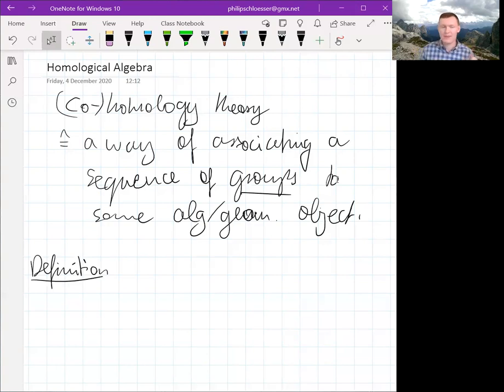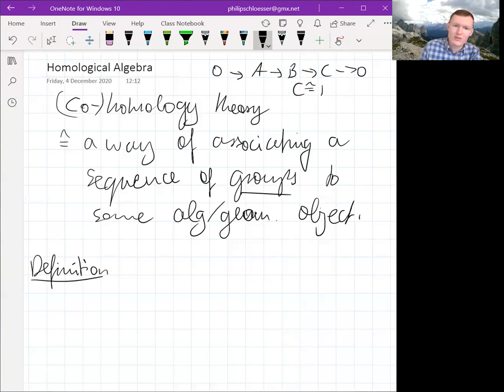And when we're talking about groups or Lie algebras, it's more something like, I have some exact sequence, meaning that C is somehow isomorphic to some quotient of B over A. Then the question: does that mean that I can write B as some kind of product of A and C?